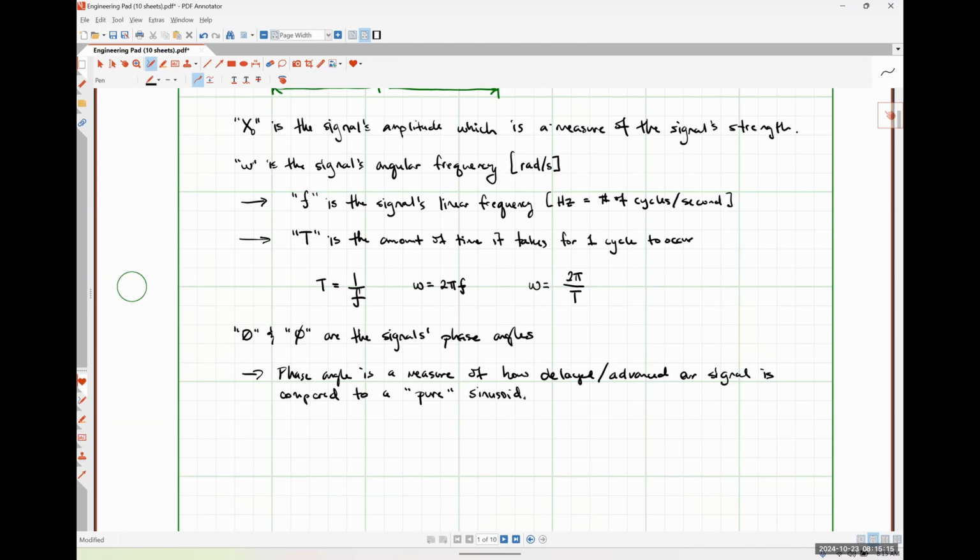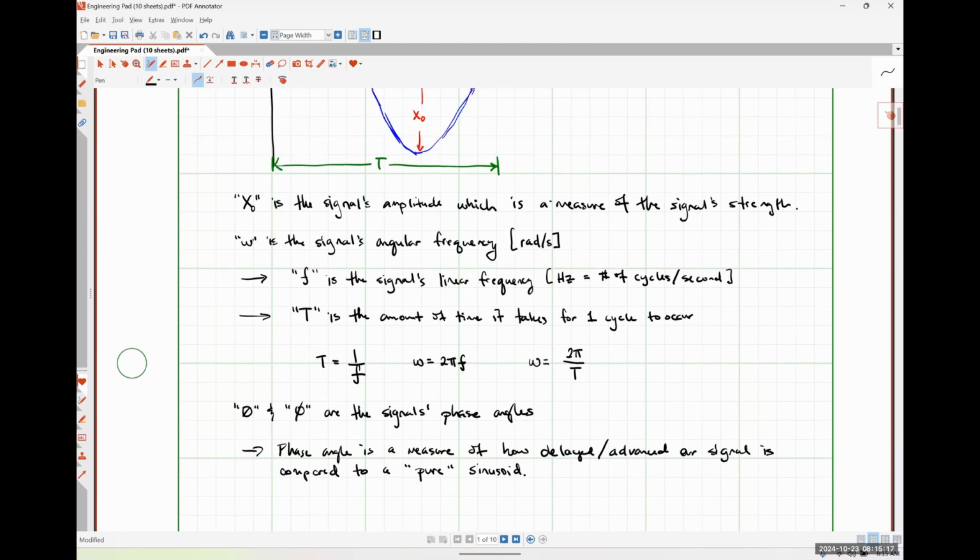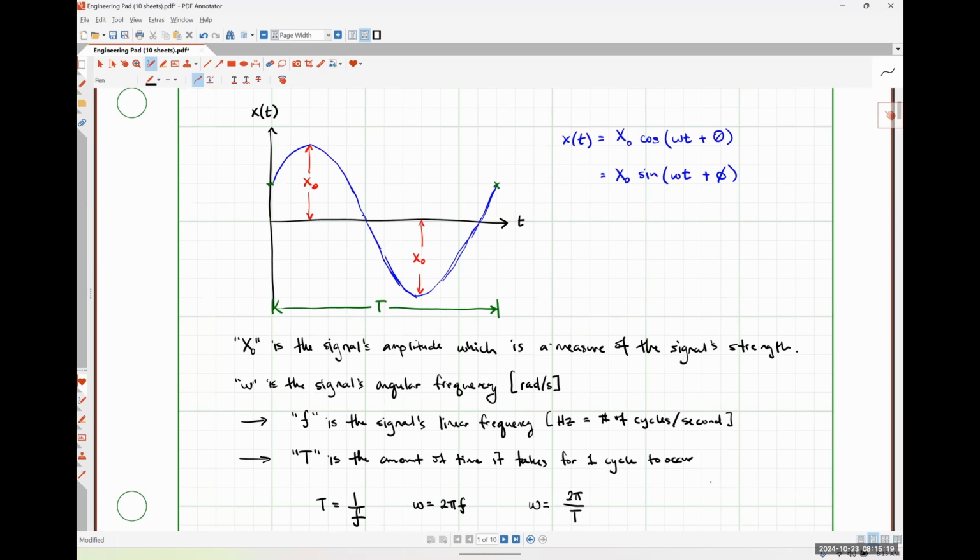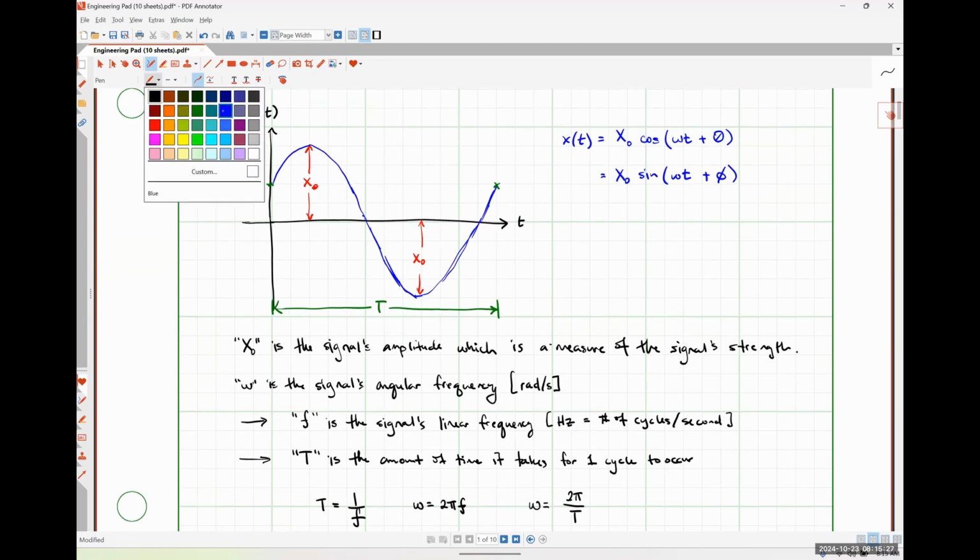Okay. So let me explain what I mean by a pure sinusoid. And I'm actually going to extend my graph a smidge here to the left as well, because this will help us kind of sort some things out.